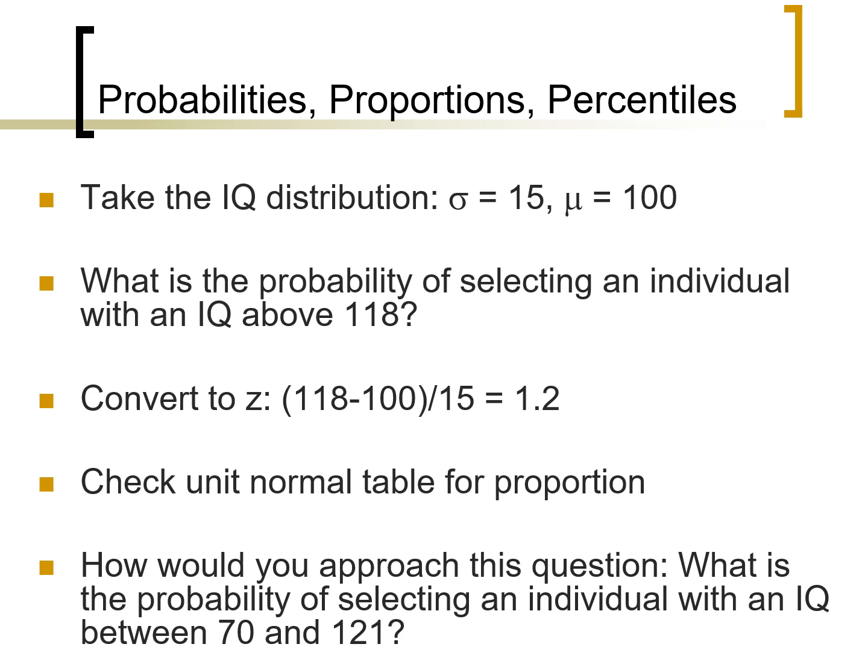Now we can have a little bit more complicated question. How would you approach the probability of selecting an individual with IQ between 70 and 121? Well, think about it. In this case, sketch our distribution first of all, and then we would need the mean to z probability between the mean and 70.